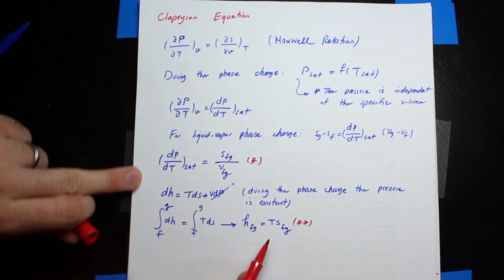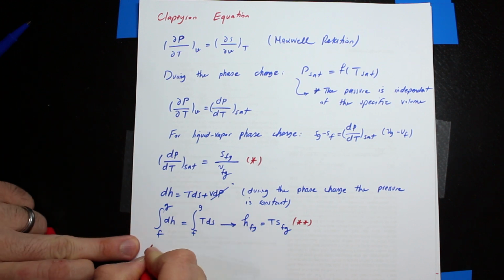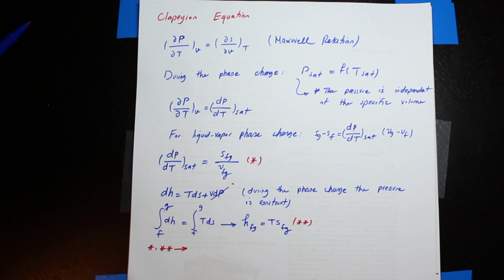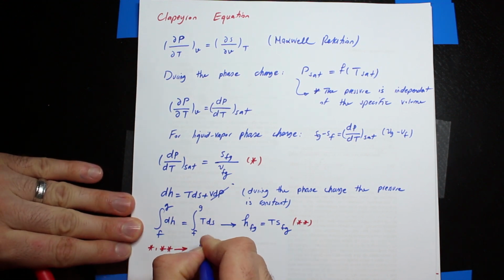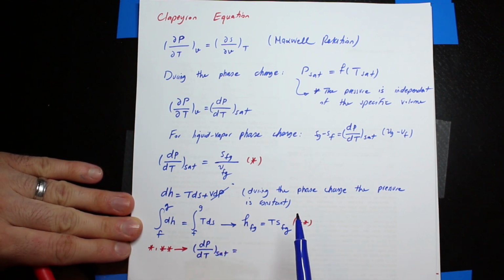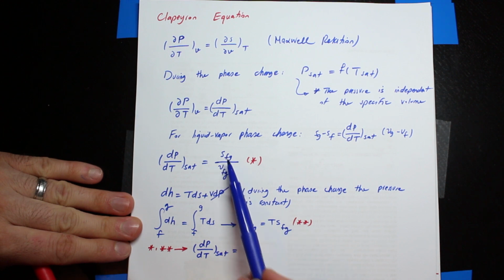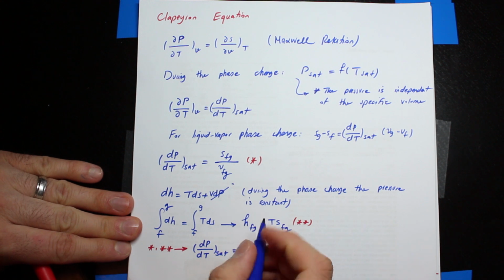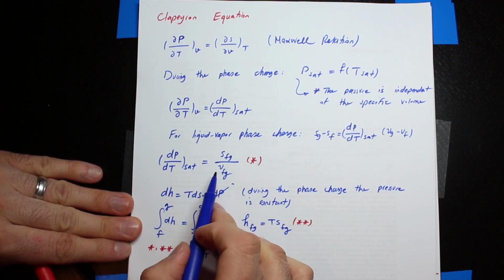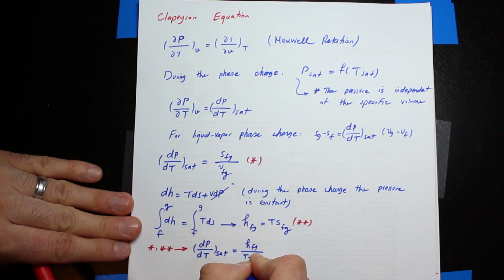Combining 1 star and 2 star gives me dP dT during saturation being equal to, instead of Sfg that I have here, Hfg over T, and also here I have a Vfg.